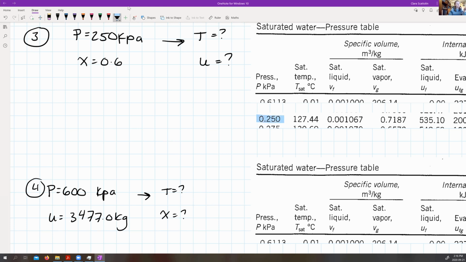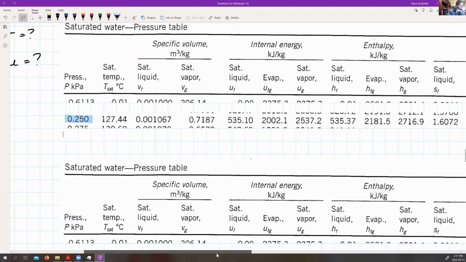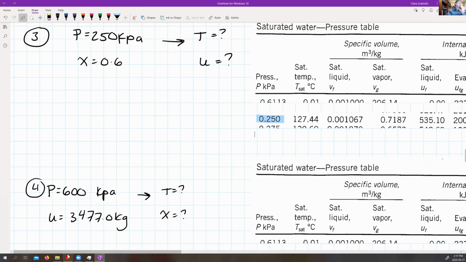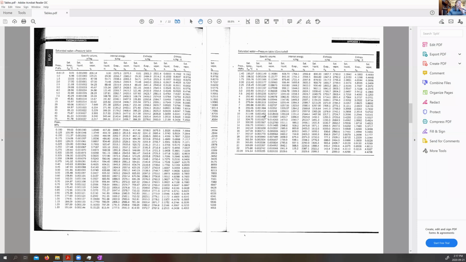My pressure here is 250 kPa. Oh no. Did I screen cap the incorrect pressures? Okay, no, I did not. If you look at these pressure tables, just to be careful, the top of the table lists pressure in kPa for small values, and then it jumps to pressure in MPa and starts listing larger values.